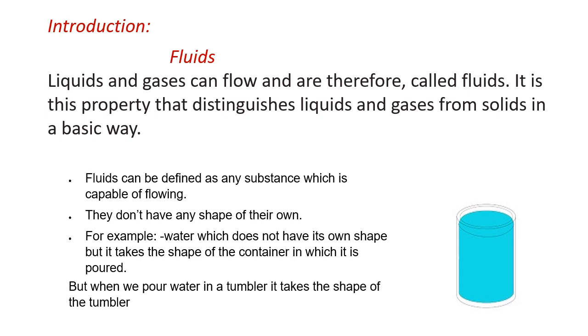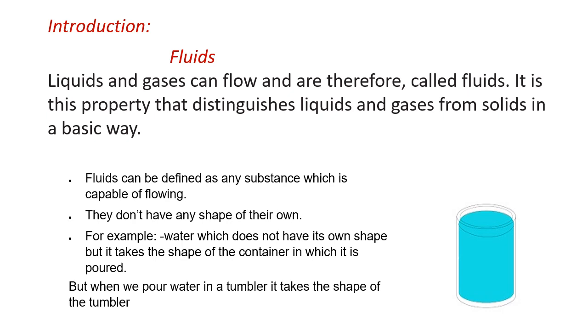Important characteristics of fluids. The atoms or molecules in a fluid are arranged in a random manner. A fluid has no definite shape of its own. It ultimately assumes the shape of the containing vessel. So, a fluid has no modulus of rigidity.